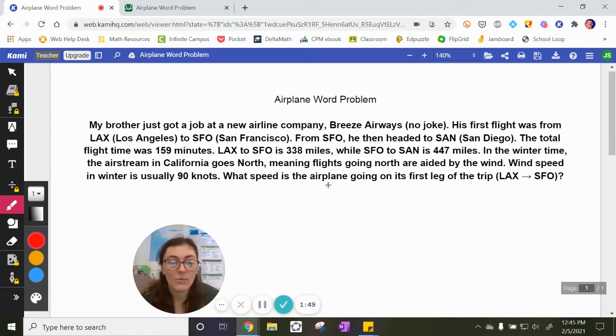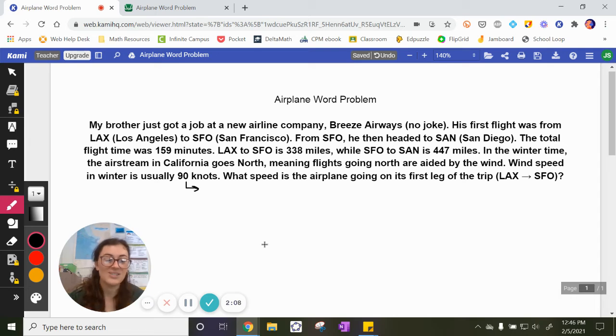So we're going to figure out what is the speed of the airplane going on the first leg of the trip. So what is the speed of the airplane when it's going from Los Angeles to SFO? And the very first thing I want to do is address this 90 knots thing because I'm not a pilot. I don't deal with knots. So I think a more approachable unit of measurement should be miles per hour. So I looked it up online and 1 knot is 1.15 miles per hour.